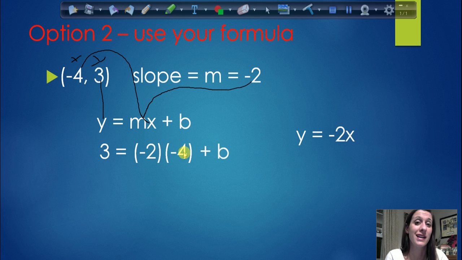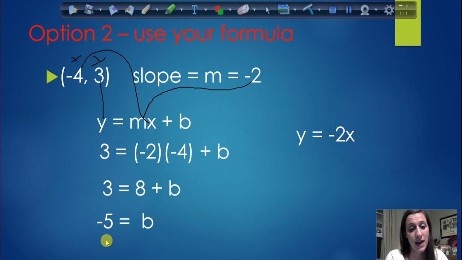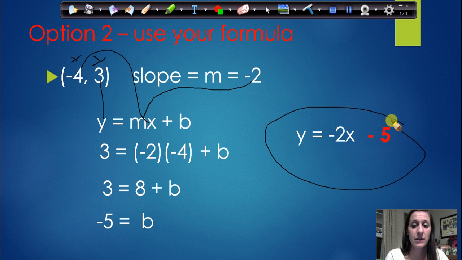And now we're just going to evaluate this quick equation to find the b value. So -2 times -4 is 8. And now to get b by itself, I'm going to just subtract 8 from both sides and get -5. So now from my formula, I can write y equals -2x minus 5. So this needs to be your final answer. You have to give me the equation of the line.